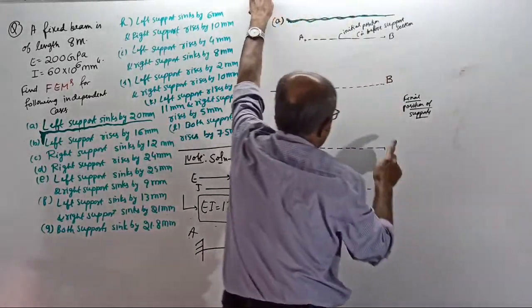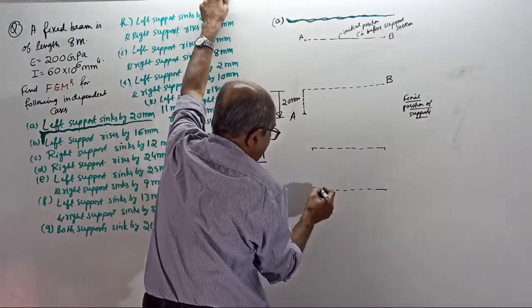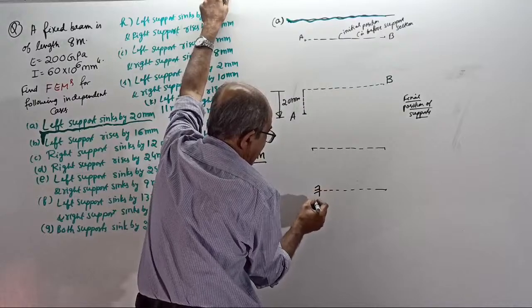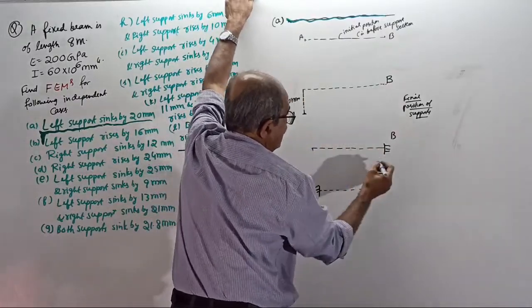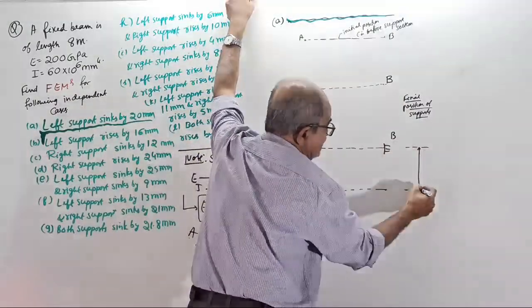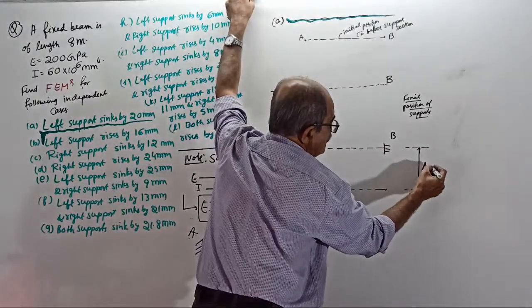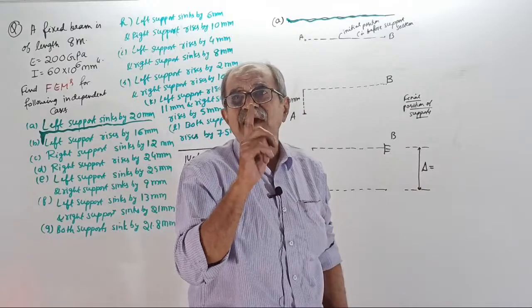Now, see here, what to do is, A is here. Fix it, A. B is here. Somewhere outside, project here. See, this is your delta. Delta is the relative displacement.